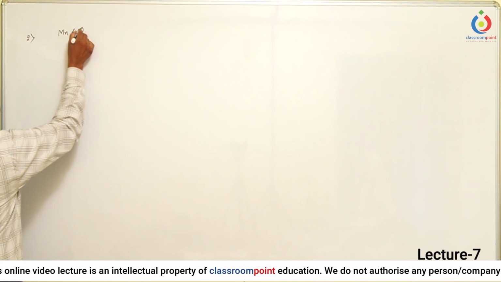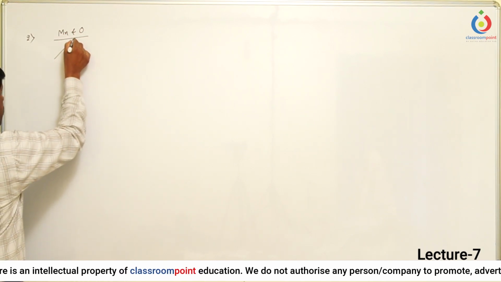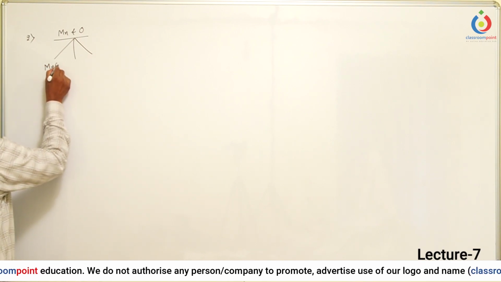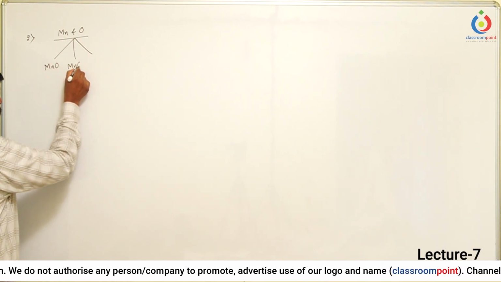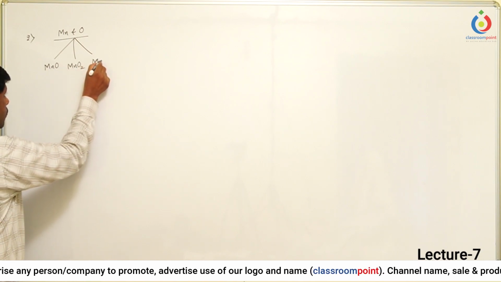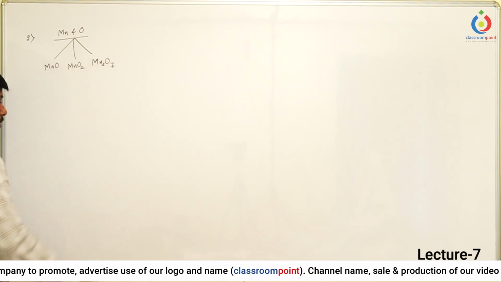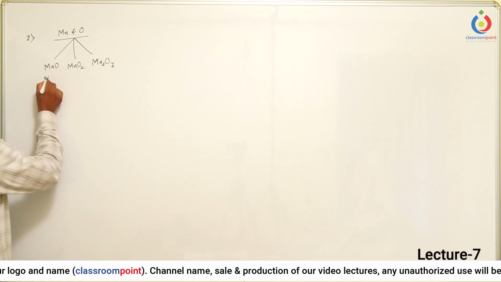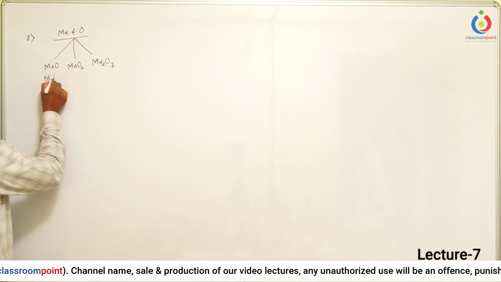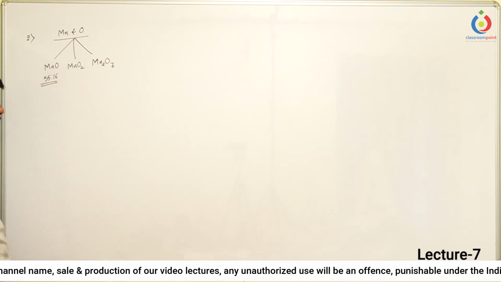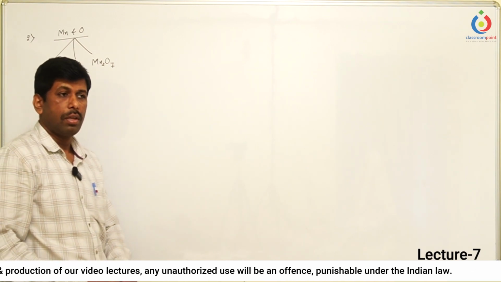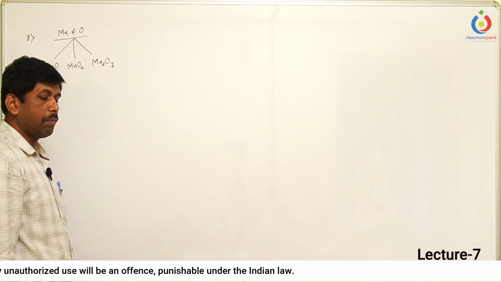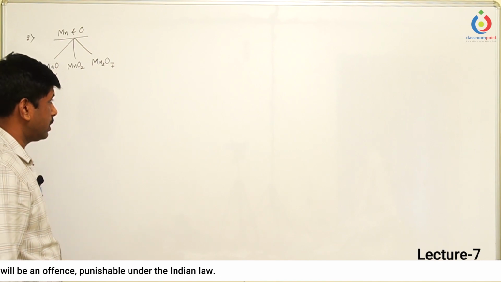Manganese and oxygen form 3 oxides: MnO, MnO2, Mn2O7. The given information is that in MnO, the mass ratio of manganese and oxygen is 55:16. Then show that MnO2 and Mn2O7 follow the law of multiple proportions.